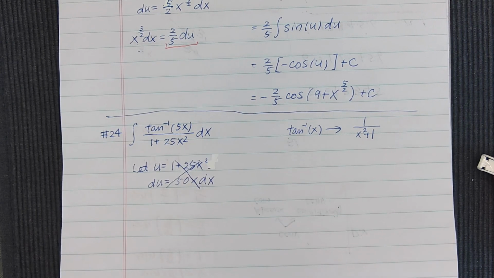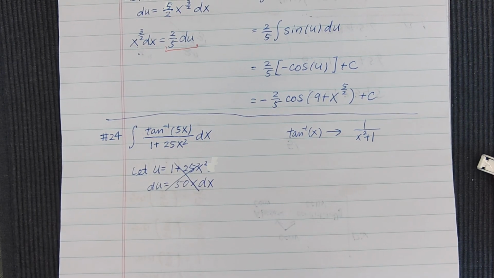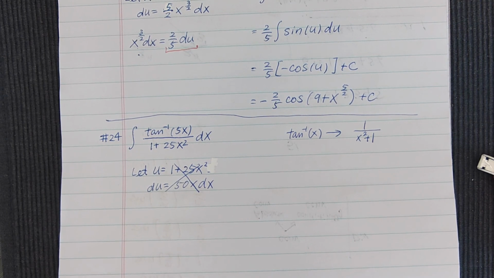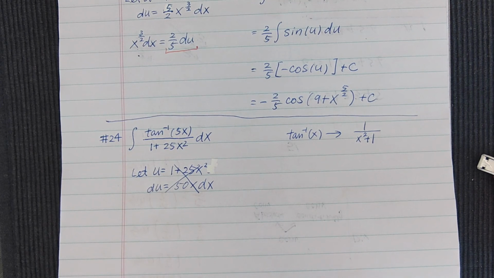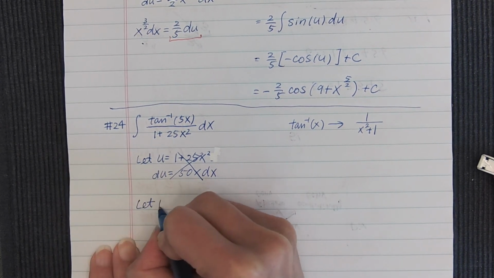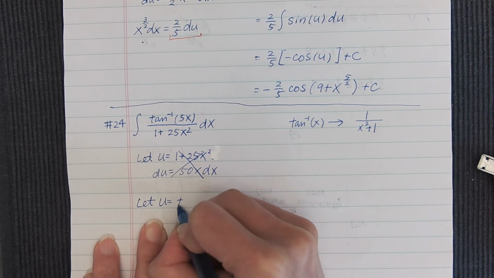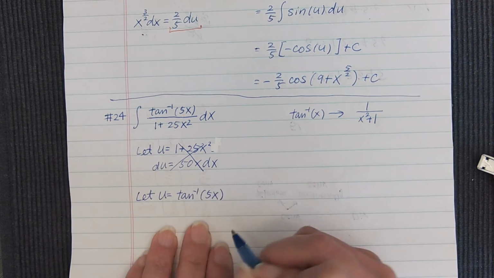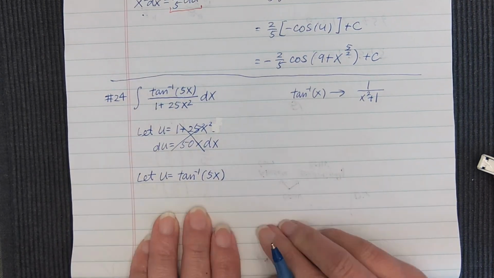Then where's my u sub? Maybe inverse tangent of 5x? Then u equals tangent inverse of 5x.